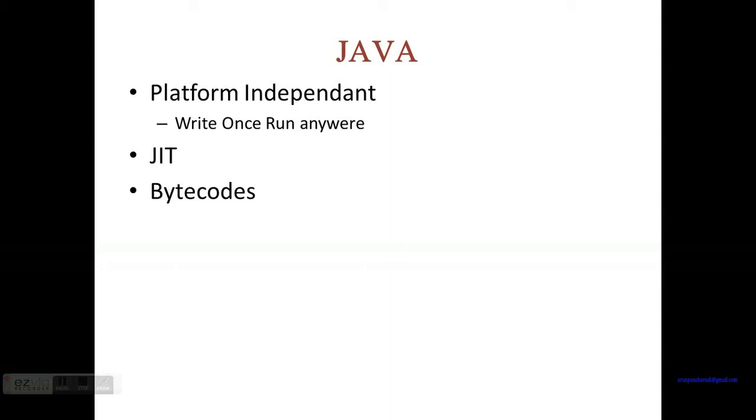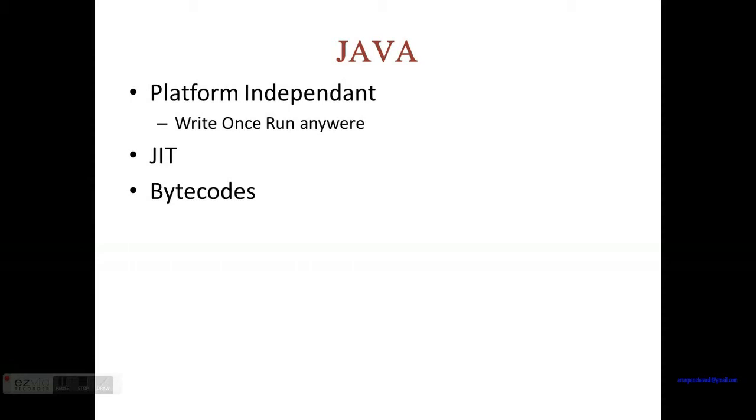It doesn't matter if you are using Windows 7 or Oracle, or any Unix platform or Mac platform or Linux platform. You can run your Java program anywhere. That is why Java is called platform independent, as well as a portable programming language.